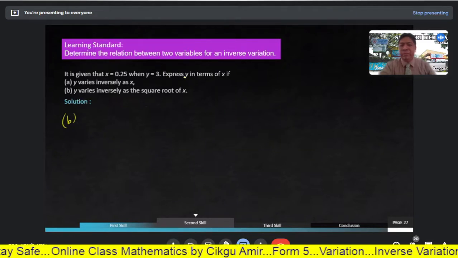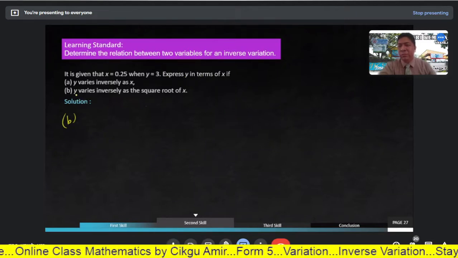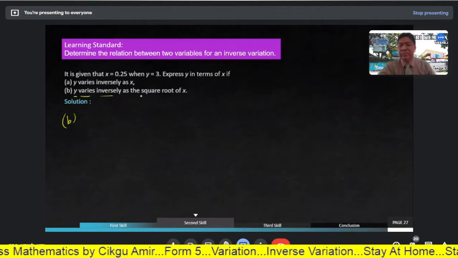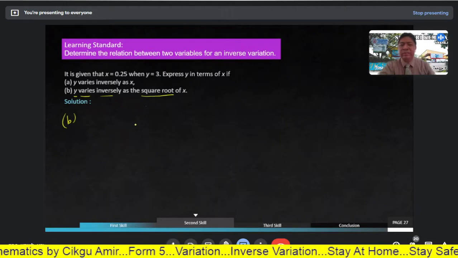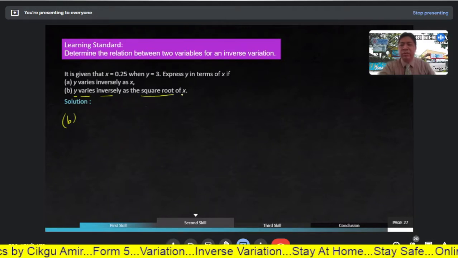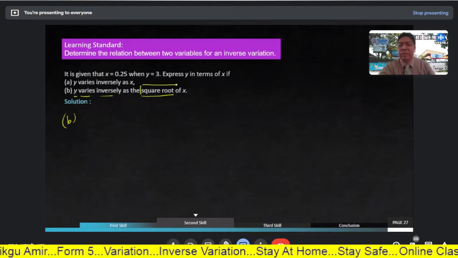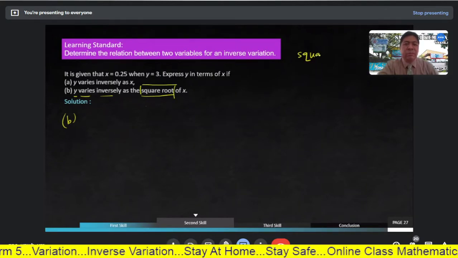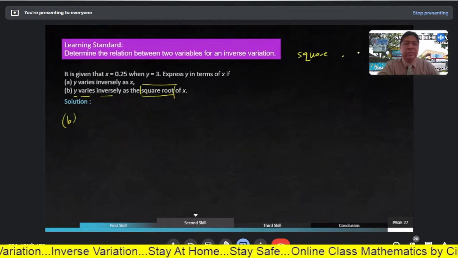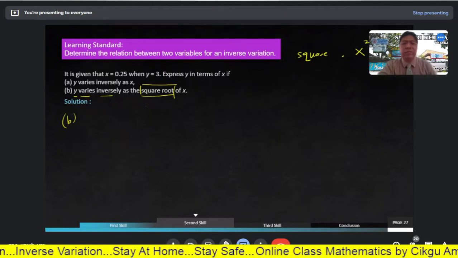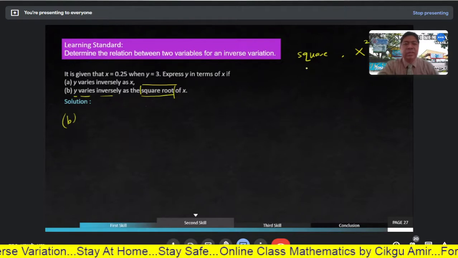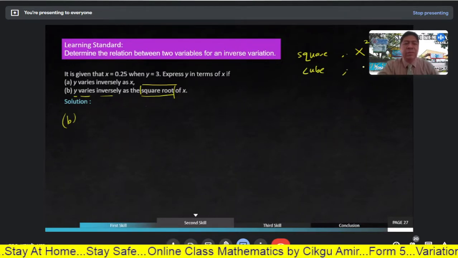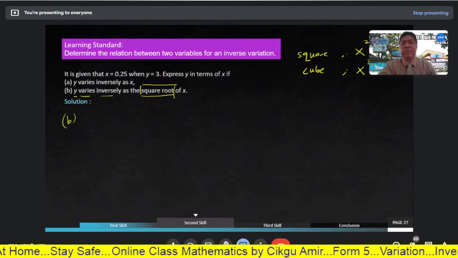In B, express y in terms of x if y varies inversely as the square root of x. What is square root? Square is the power of 2. Cube is the power of 3.